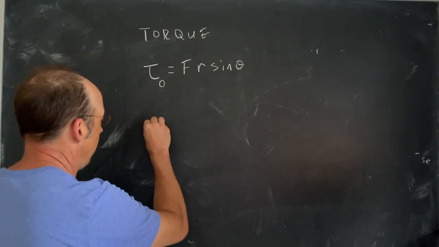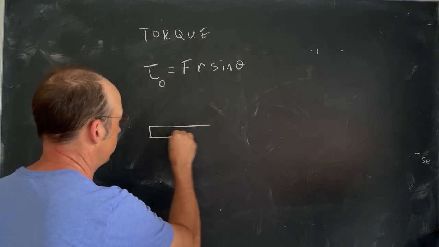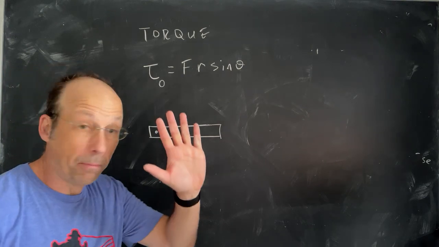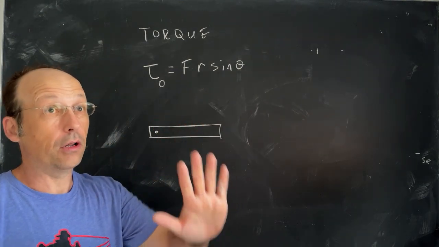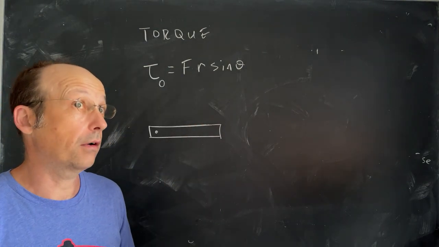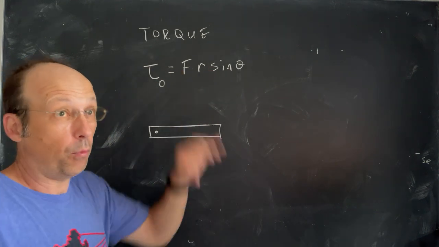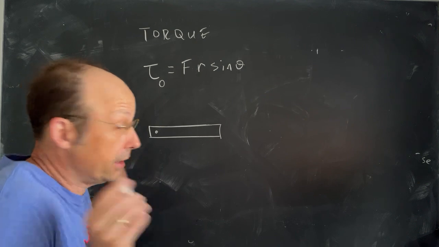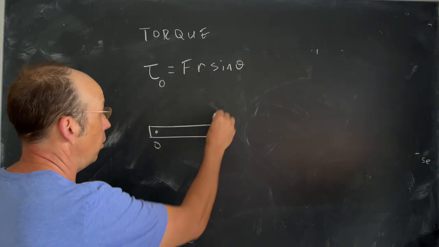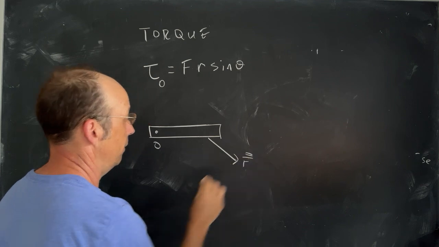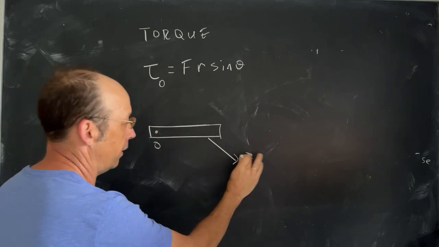So imagine that I have a stick like this, and I have some point. The point does not have to be where it rotates about. You can pick whatever point you want. That's your choice. It's sort of like the origin in the free body diagram, and which direction are the x and y axes. It doesn't matter. But I'm going to pick that as my point O, and now I'm going to apply a force like this, F, and I'm going to draw that as a vector.